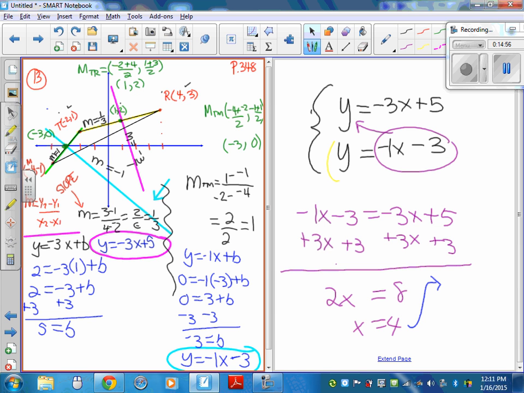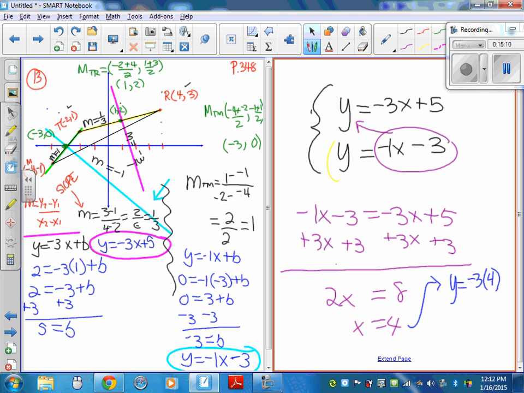So now we plug this into y. We haven't finished, right? I'm going to take my first equation and say y equals negative 3 times my x value of 4 plus 5. y equals negative 12 plus 5. y equals negative 7.